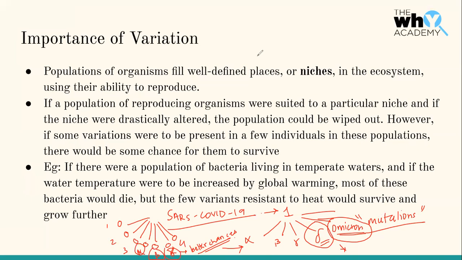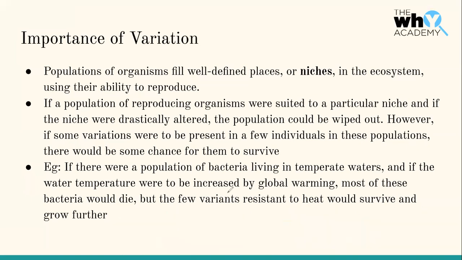There are a lot of these examples. When you study evolution, you might come across many examples where variation has led to some species continuing further. Okay. So this is that entire paragraph in the textbook which talks about the importance of variation, right?